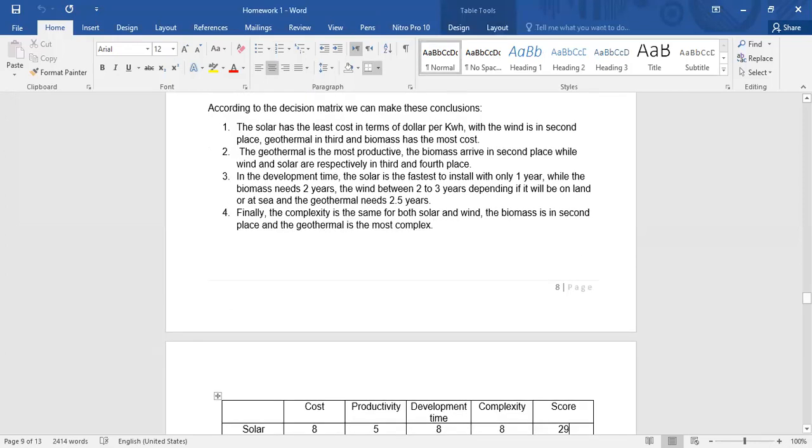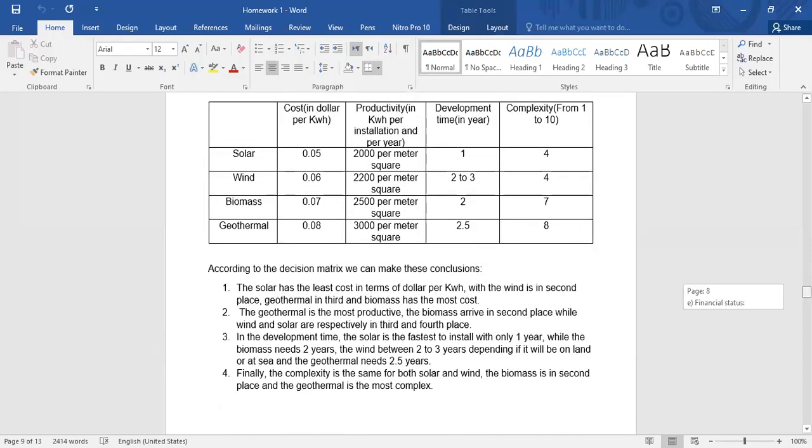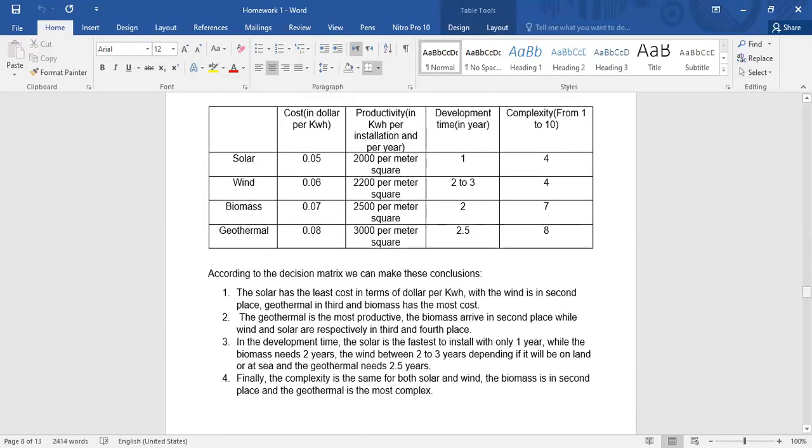Due to that, the solar has the least cost in terms of dollar per kilowatt. The wind is in second place, the geothermal in third, and biomass has the most cost.